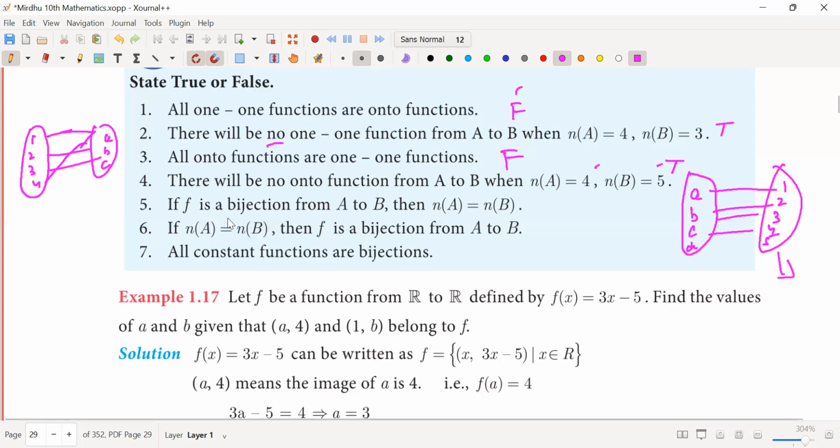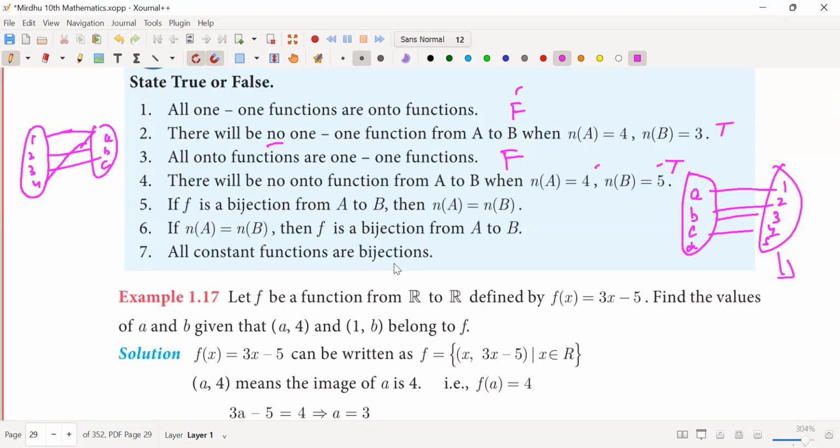If f is a bijection from A to B, n of A equal to n of B. If n of A equal to n of B, then f is a bijective function from A to B. All constant functions are bijections.